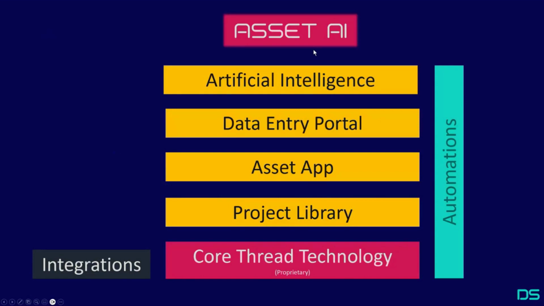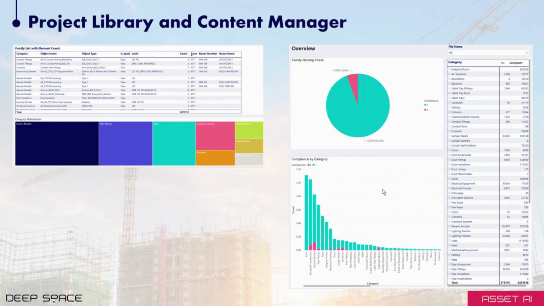And this is just tying the asset AI piece in and showing the key modules in there, which is the project library, the assets app, and the data entry portal. Here's some screenshots of those things. So the project library is this auto summarizing feature where it takes your entire project.